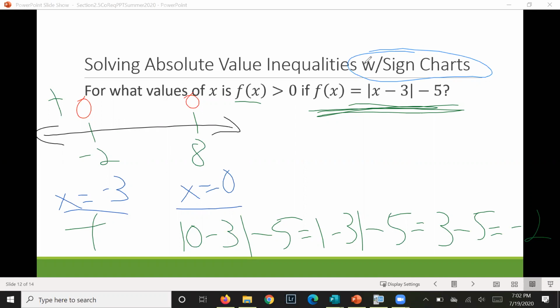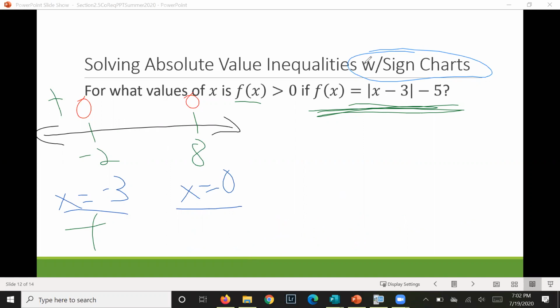What that tells us is that for all numbers between negative 2 and positive 8, the function f of x gives negative values. Trust me, you could check other values, like negative 1, 7, or 0.5, and in each case you'll get a negative value.